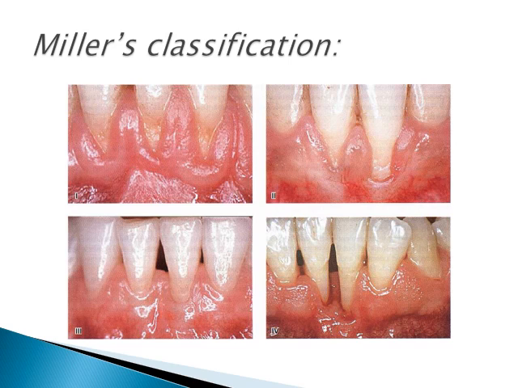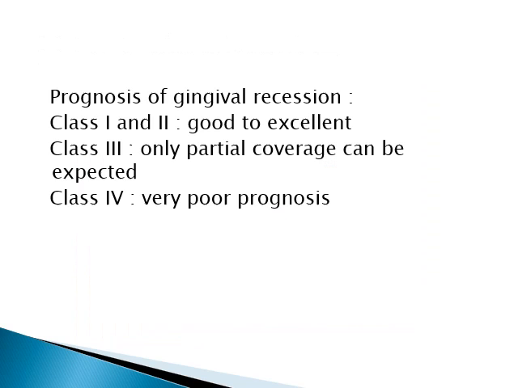Class 3, the recession may reach the mucogingival junction, and we have interdental bone loss, but not severe. Class 4, the marginal recession reaches to or beyond the mucogingival junction with severe bone loss and severe interdental loss.